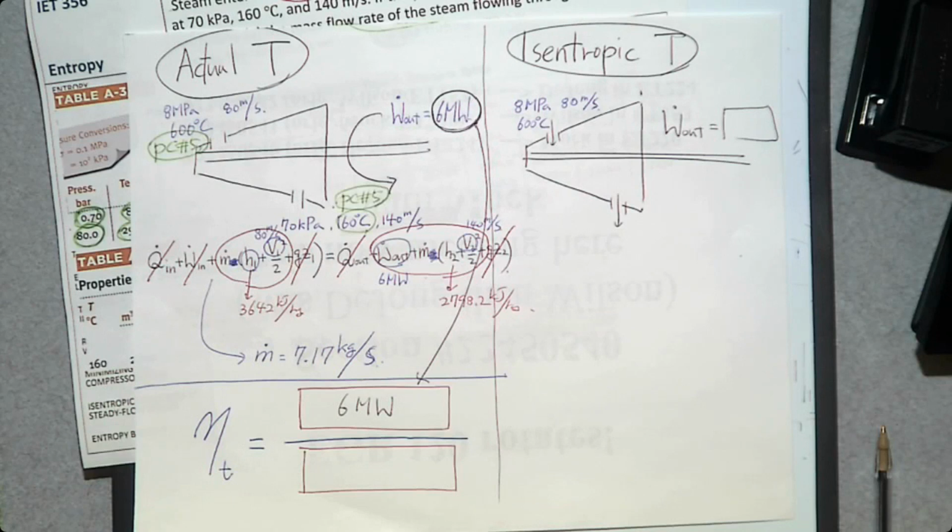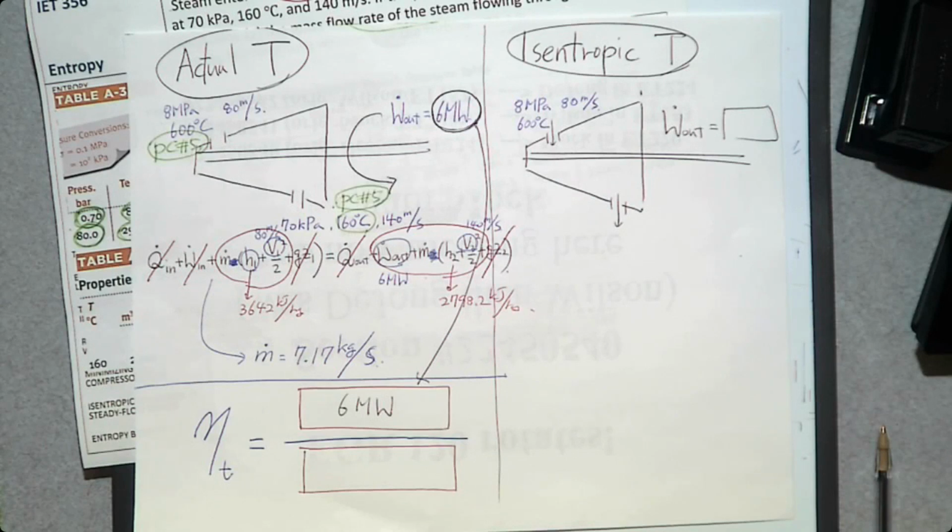So whatever comes out at the exit should be less than the actual turbine. Am I right? Make sense? Because the isentropic turbine produces more power, that more power should come from the thermal energy in the steam. So we are removing more power from the thermal energy of the steam. So less thermal energy should be at the exit of the isentropic turbine.